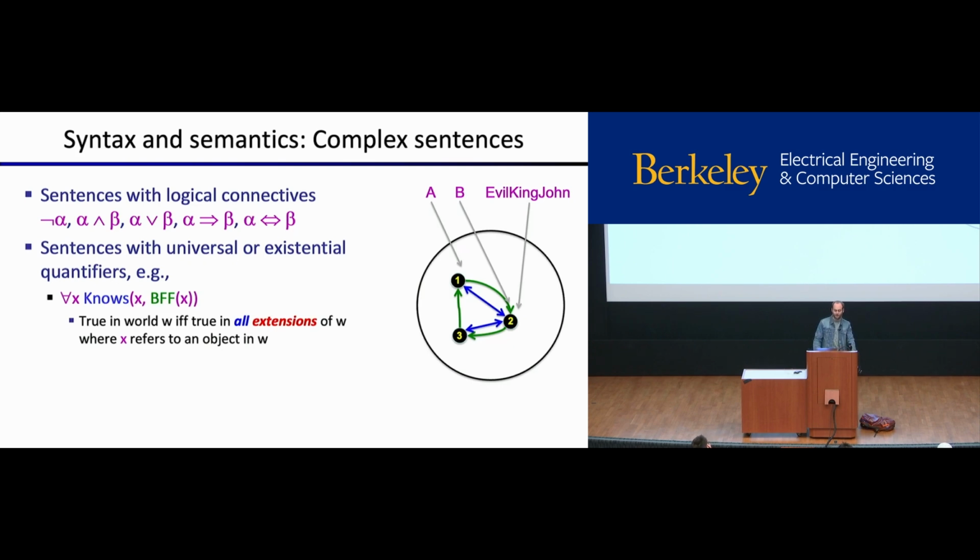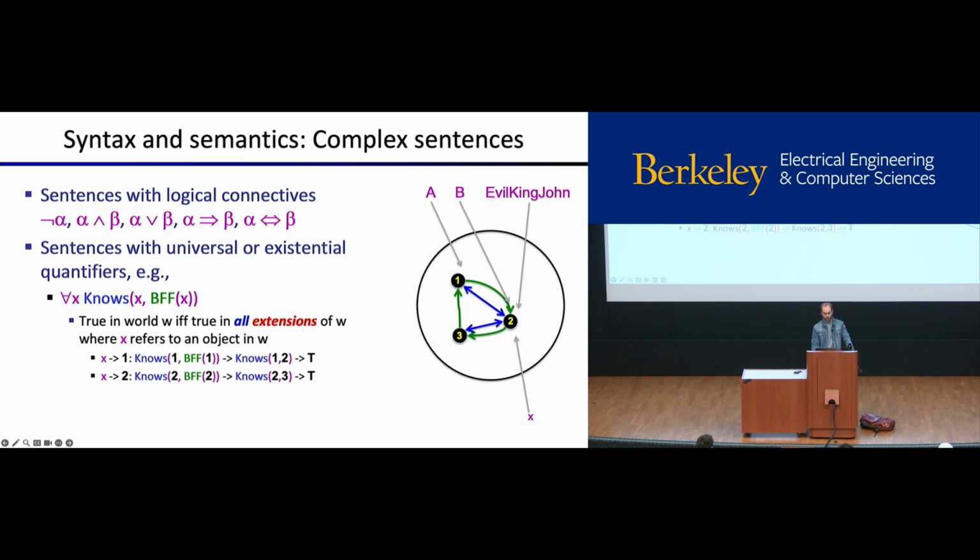So here are the possible extensions of this world W. The extension where x refers to object 1. Okay, let's check whether it's true in that world, and then we'll get to the other possible extensions. So in this extended world, x is a constant referring to object 1. So we substitute x for 1, we carry it through, it ends up true. Next possible world, x is a constant term that refers to object 2.